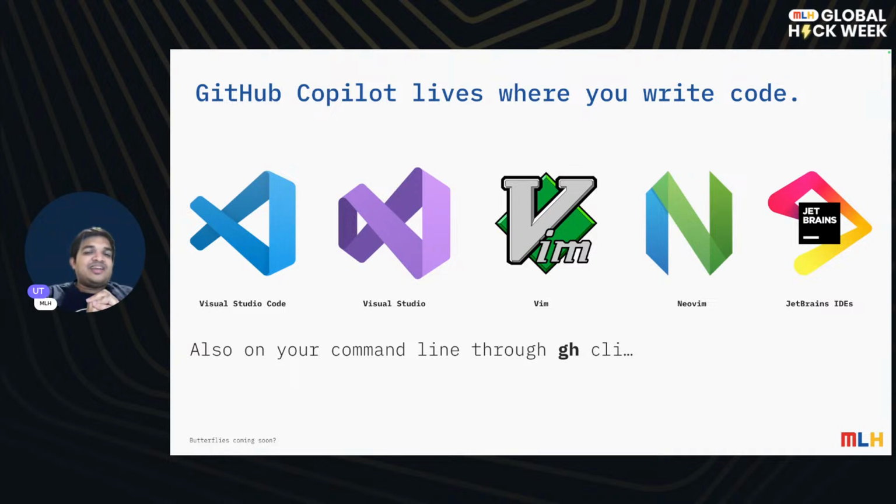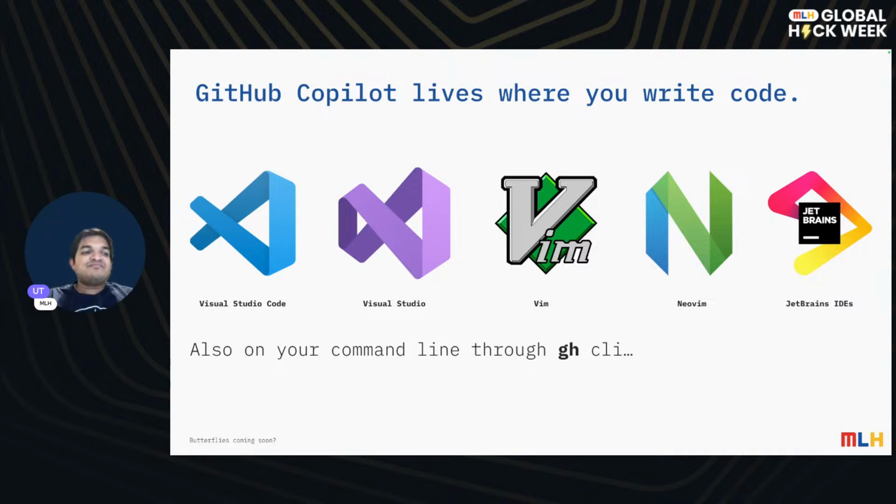And definitely nowadays we have Cursor and a ton of IDEs, right? So you can add GitHub Copilot everywhere. It supports all of these things, and you can take it one bit further and run it via your command line. Isn't that great? So it lives where you want it to live.